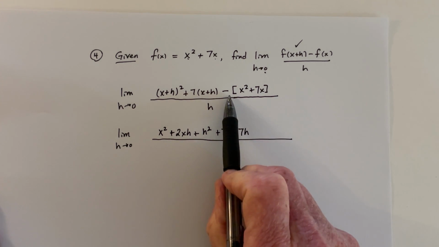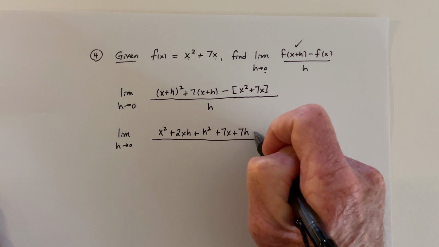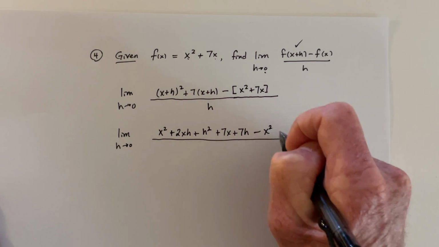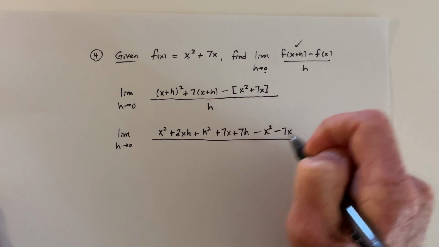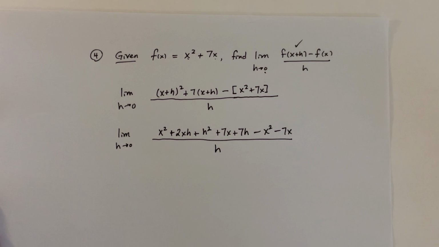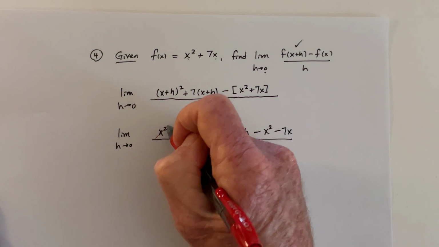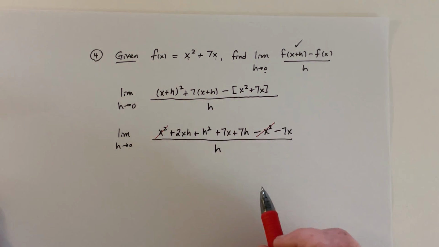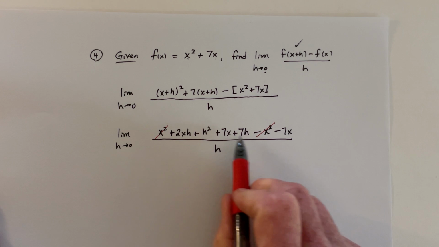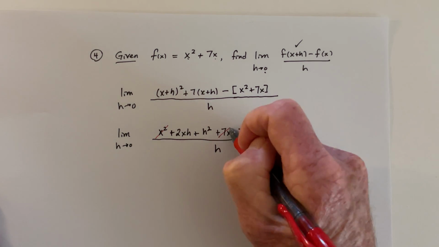And over here, distribute the negative: negative x squared minus 7x. And then there should be cancellation, like x squared and minus x squared, those are going to cancel. Positive 7x and negative 7x, those are going to cancel.